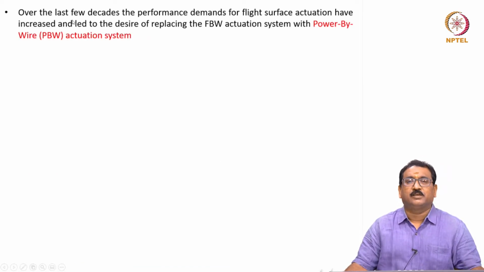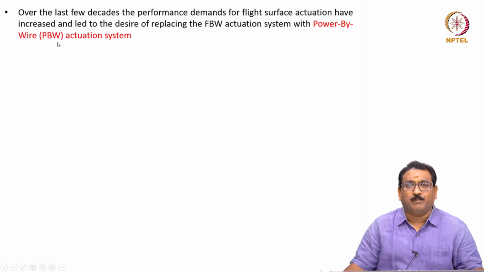Over the last few decades, the performance demands for flight surface actuation have increased and led to the desire of replacing the FBW actuation system with power-by-wire actuation system. It is also known as PBW technology.